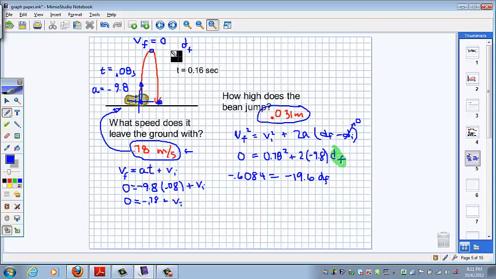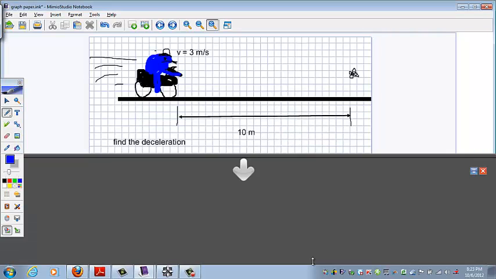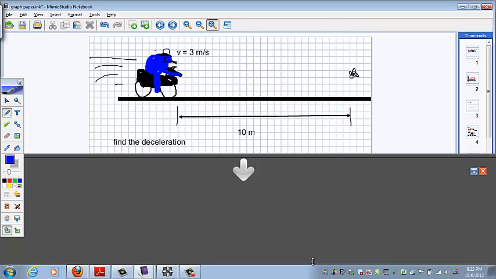Let's go on to the next problem. Actually, that's 0.031 meters. We just saw that mistake at the very end, but now it's fixed. This next problem is our last of the word problems with the equations of motion.